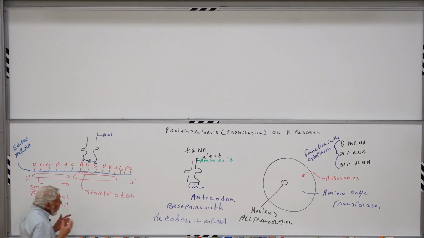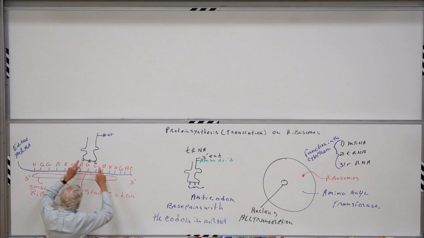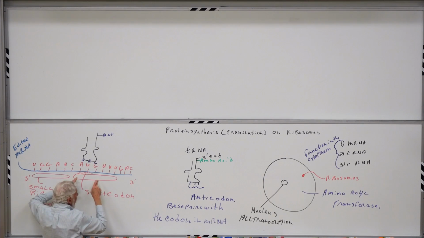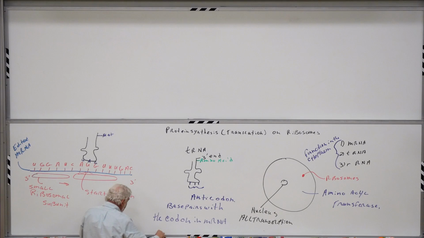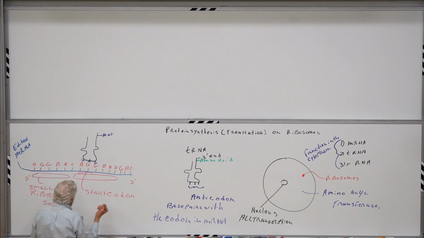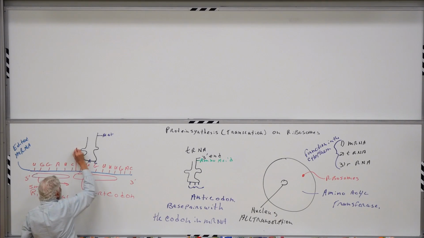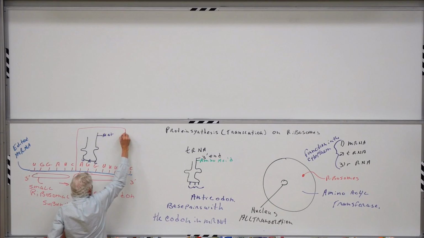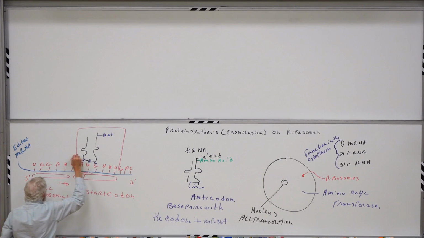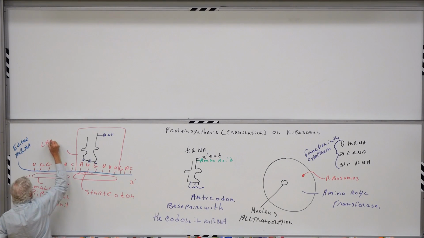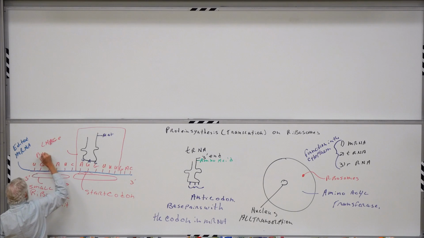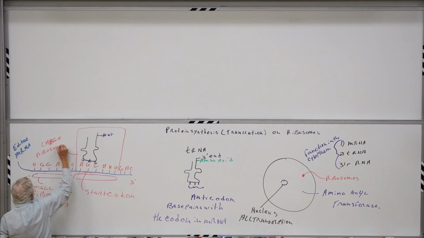Then the arrival here at this site of the transfer RNA with the methionine, along with a small ribosomal subunit, in some way that I don't understand, recruits now this other character, which is the large ribosomal subunit.